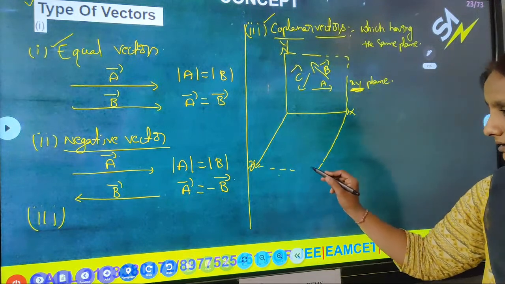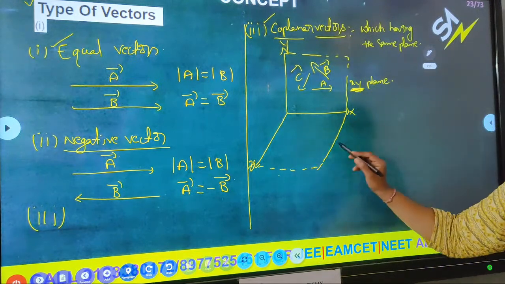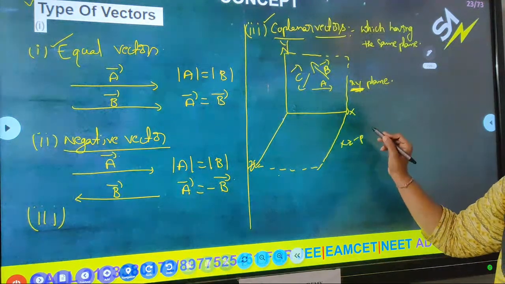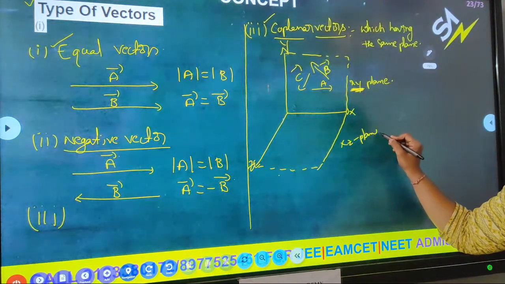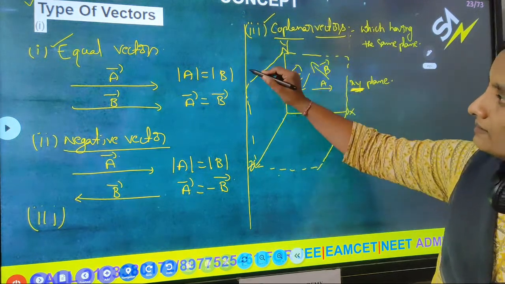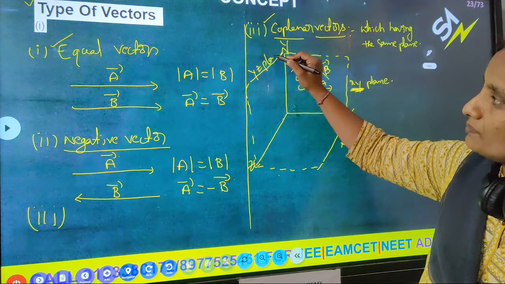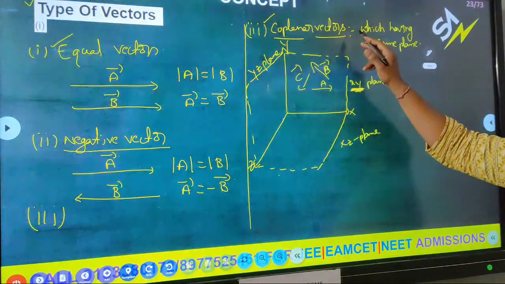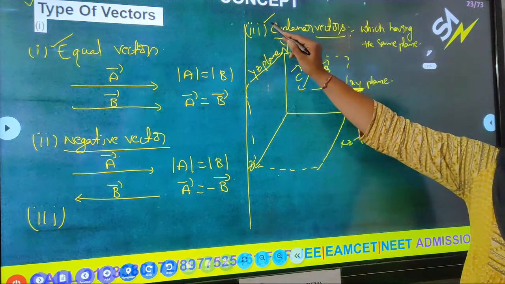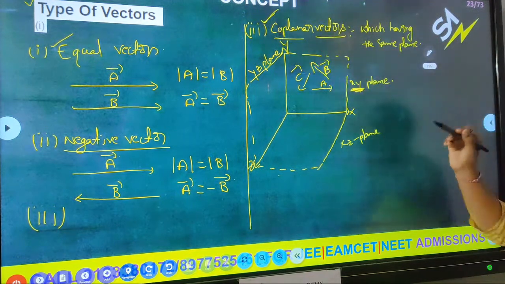And if they are showing in this plane between x and z, that is xz plane. And if you take this plane, this is yz plane. So if any vectors are lying in the same plane, that vectors are called coplanar vectors.